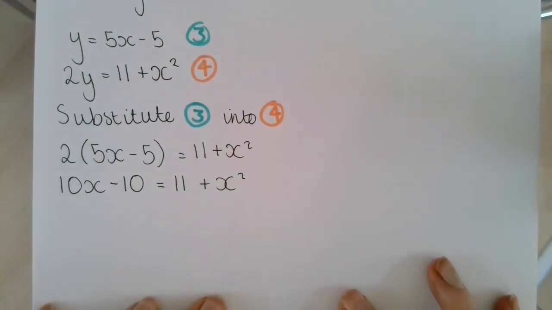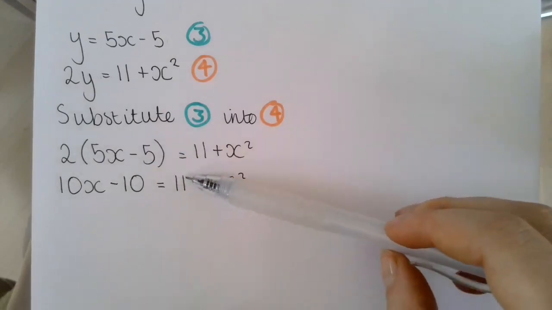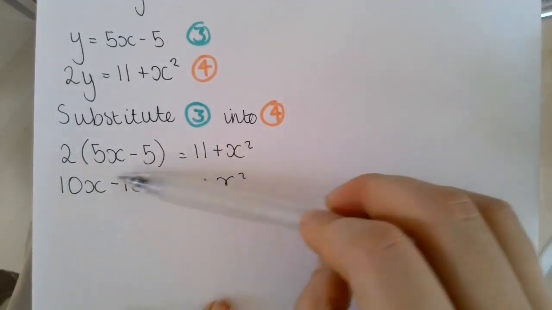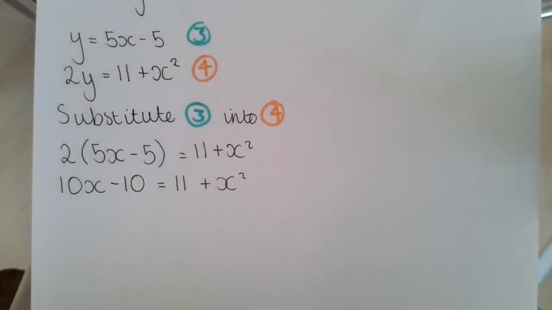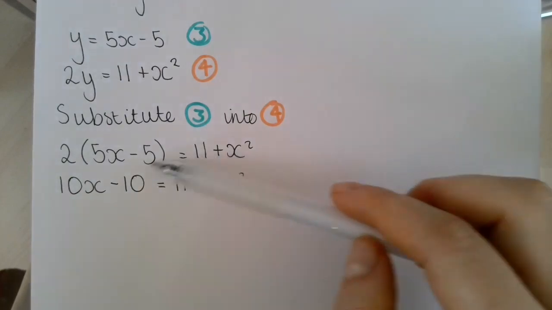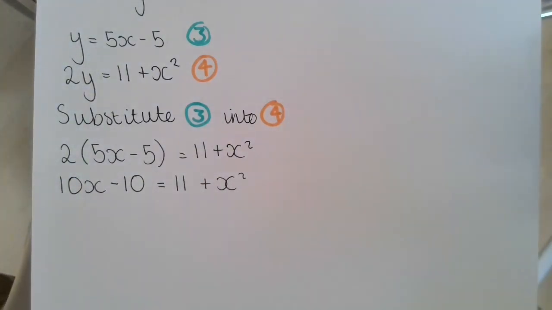So what I've done now, I have substituted in these equations and I've got a quadratic in terms of x. Now to solve a quadratic, remember we're finding those roots of the quadratic. So we're going to rearrange this quadratic so that it's equal to 0.